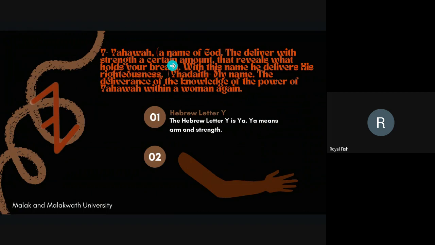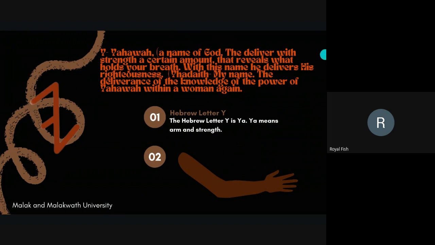So we have Yahweh, which is the name of God, the deliverer with strength. This is supposed to say two, but I think that's good. The deliverer. So it's like when your mom is about to hit you, and it's not her about to do it, it's the deliverance of that hit.